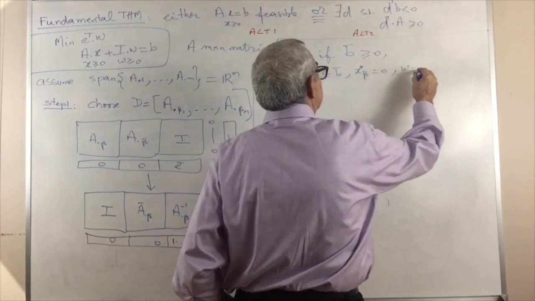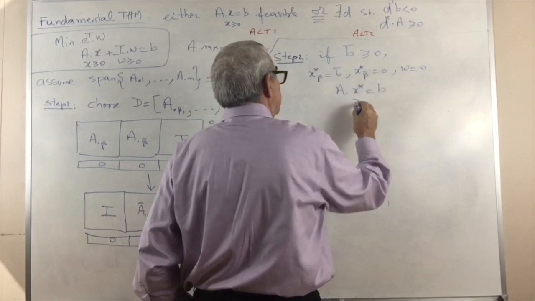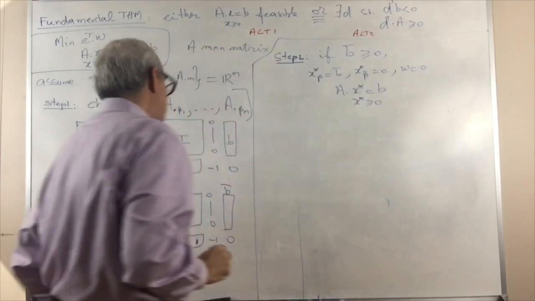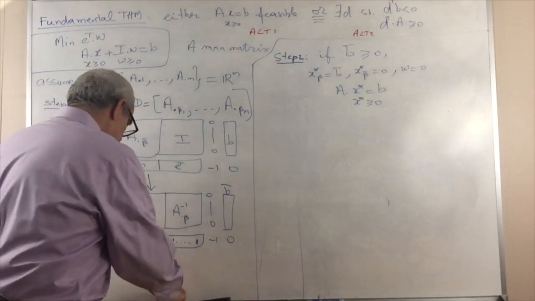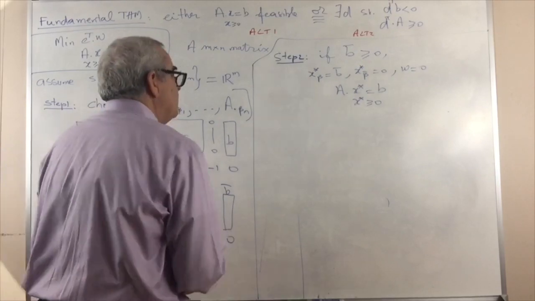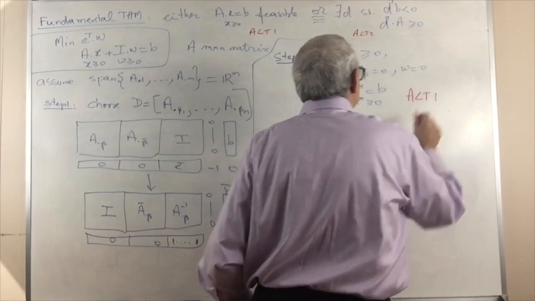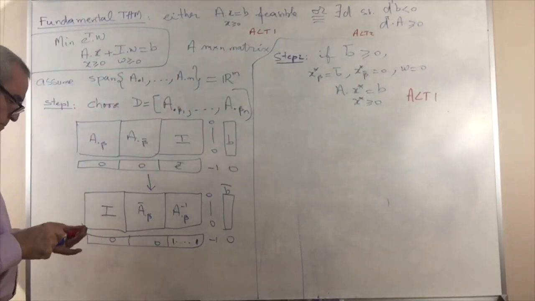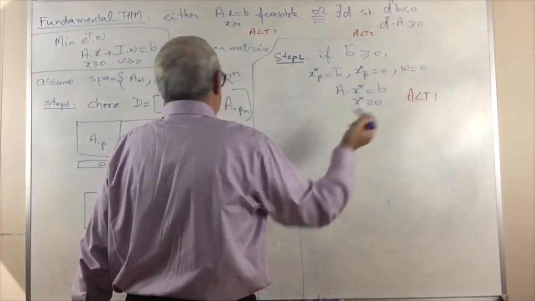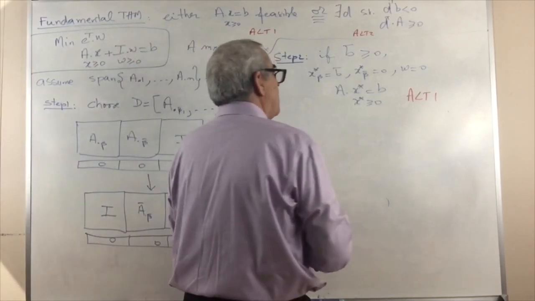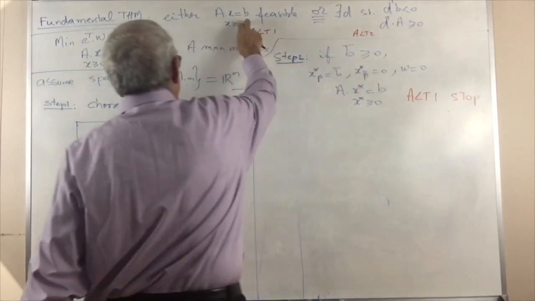Then I have a system A dot X star is equal to B, and X star is greater or equal to 0, right? Same thing, simplex tableau like this. And here we have alternative 1. Okay. Right here we just stop. So we are in alternative 1.